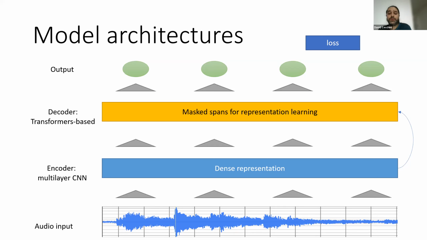And the audio representation will also be included in the processing. And then you have the output of your model, and you will use some kind of loss function. So Wave2Vec and Hubert use different loss functions. We'll see it in the next slide.